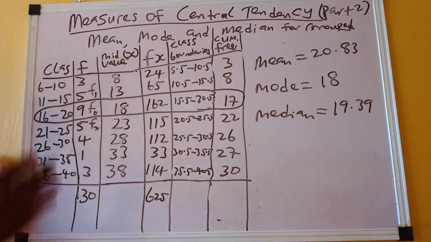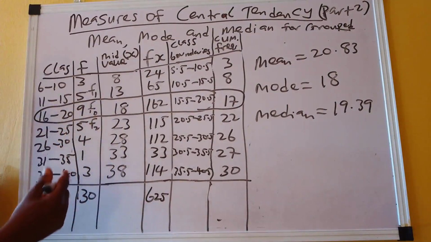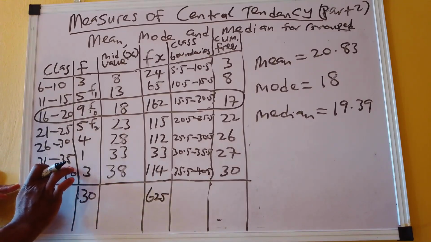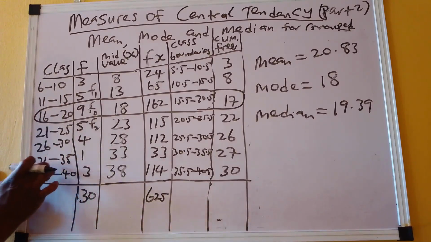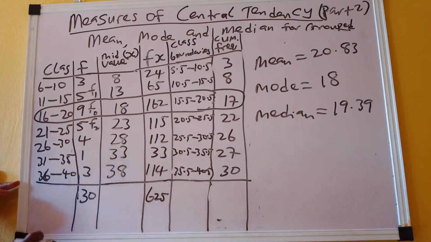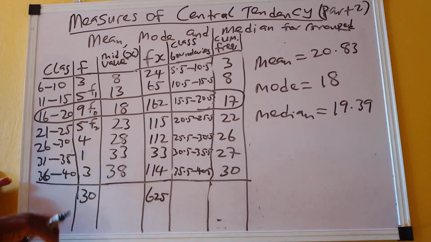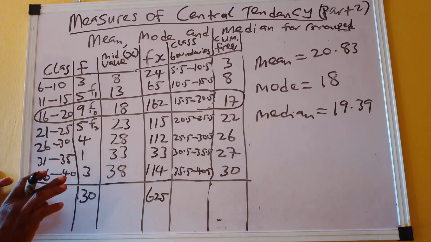If you study this grouped data set, you will find that from 31 to 35 and from 31 down to 40, out of 30 observations, we have just 4 observations. It means there's a tendency that an outlier, though not too pronounced, lies within the set of data.